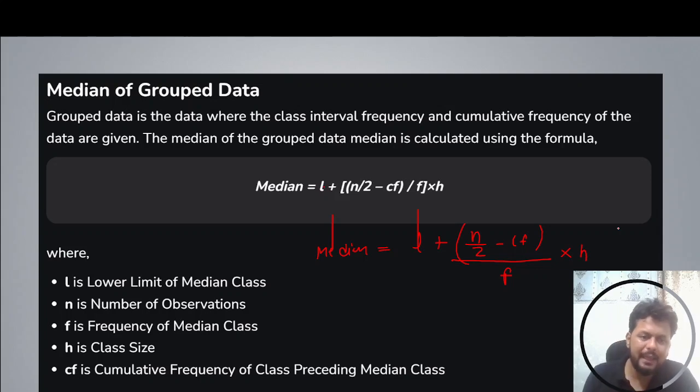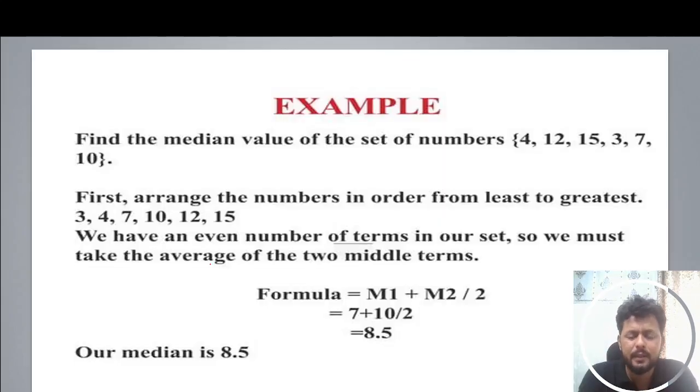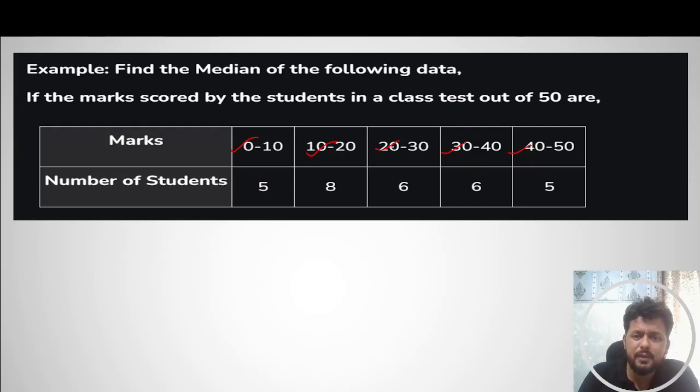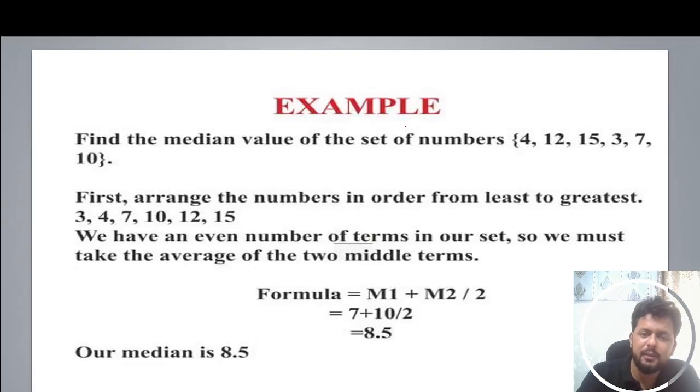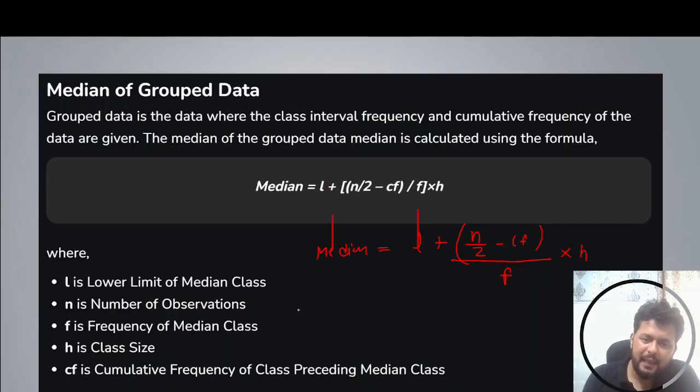So L: first we have to choose a median class. The median class is basically the middle term. Let's say in this data I choose this one as my median class. Then L is the lower limit of the median class.